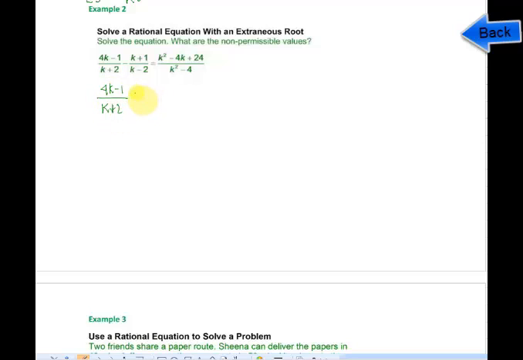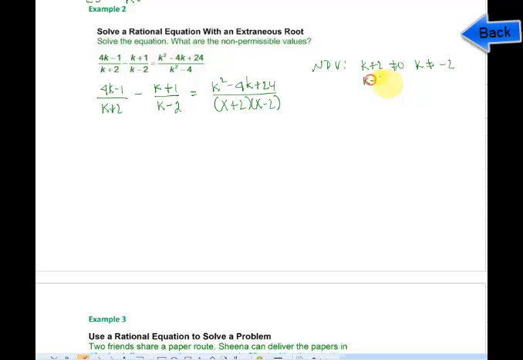We don't have too many of those to worry about, just the one on the right. Okay, k squared minus 4 is a difference of squares, so we get k plus 2 times k minus 2. Our non-permissible values: k plus 2 can't be 0, so k can't be negative 2.